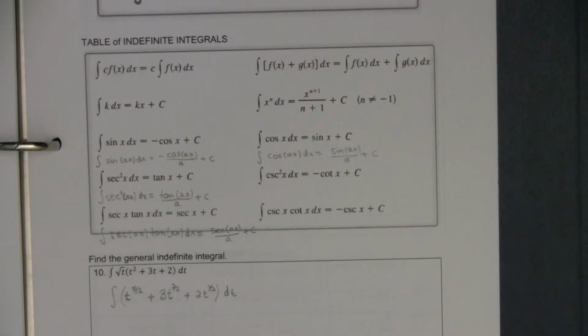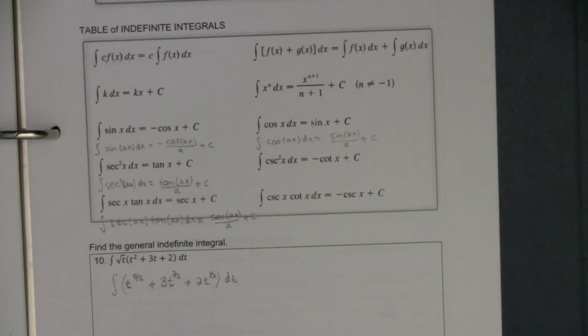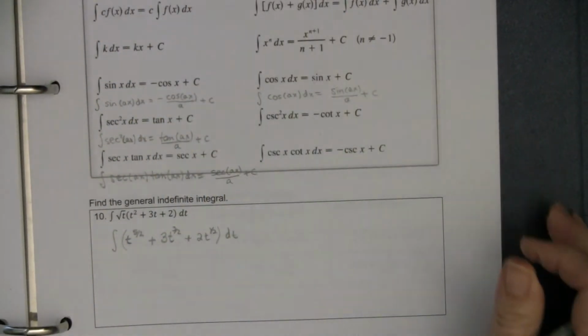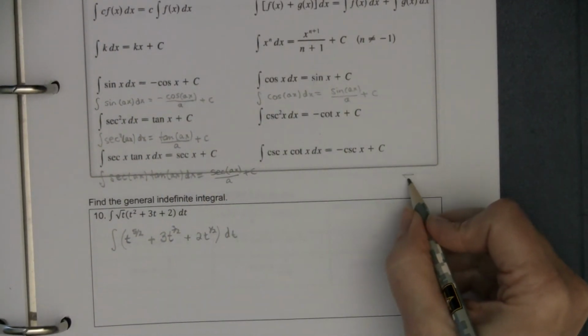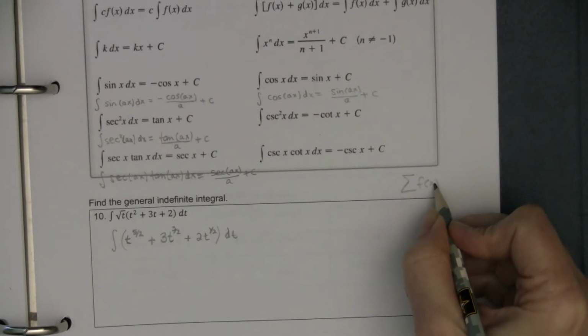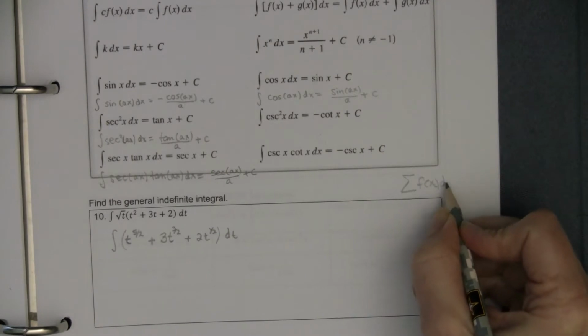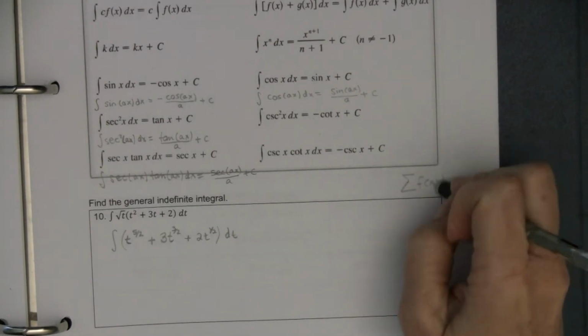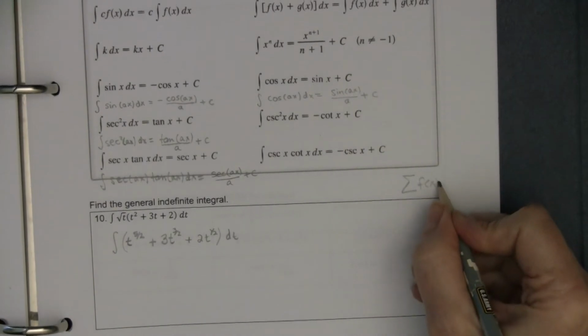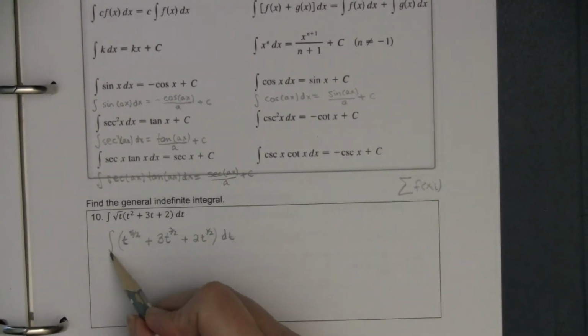And people always ask me, what does the dt stand for? Remember, this came from that notation. They gave us the sum of f of xi times delta x. This is the sum sign, that's the sum sign.